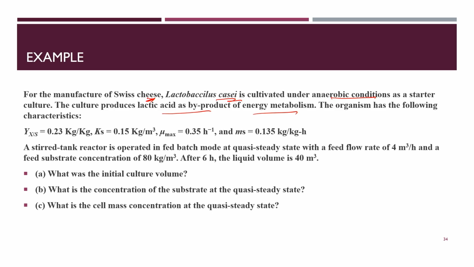The organism has the following characteristics: Y x upon s is 0.23, Ks is 0.15 kg per meter cube, mu max is 0.35 hour inverse, and ms is 0.135 kg per kg into hour.